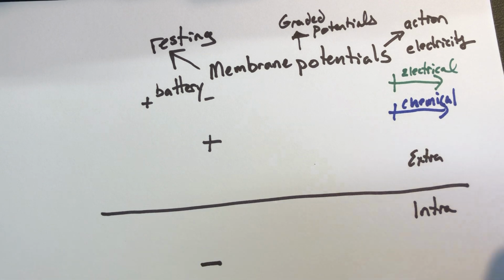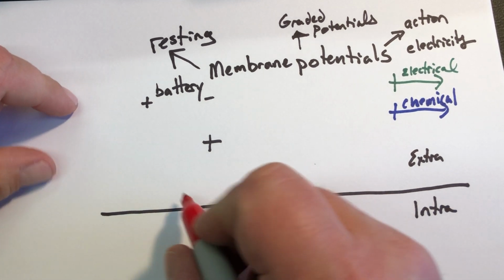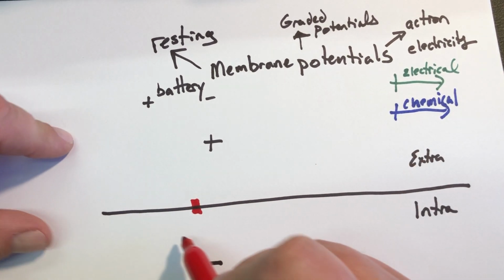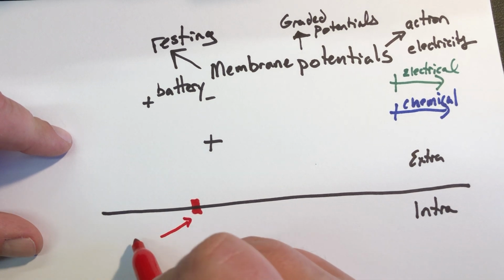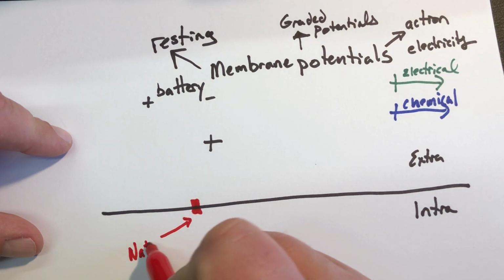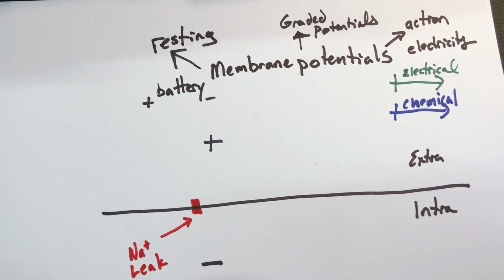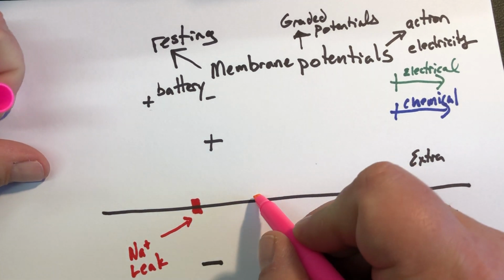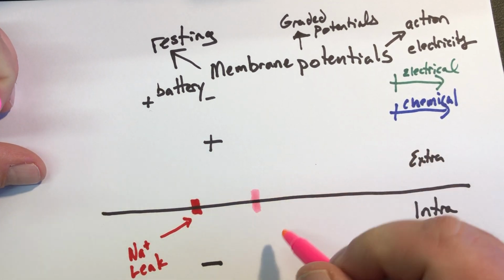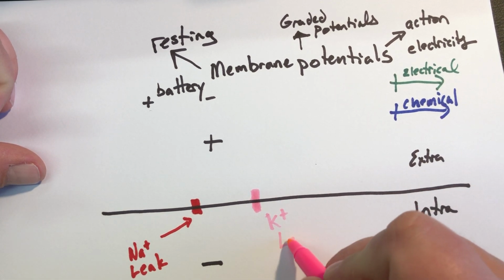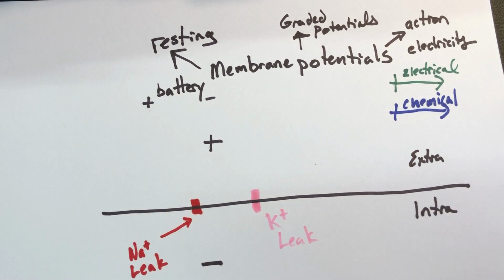Okay, so the first couple of channels that we're going to pay attention to are going to be leak channels. And in red here, we're going to have the sodium leak channel. And then in pink, this is going to be the potassium leak channel.